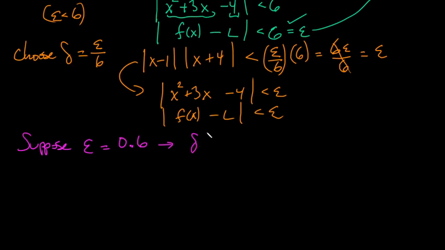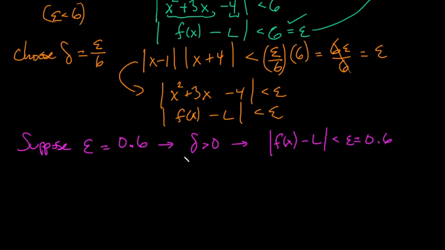What should delta be? And then just make sure that with this choice of a positive delta, the conclusion has to be that the absolute value of f of x minus L would have to be less than epsilon, in this case, 0.6.